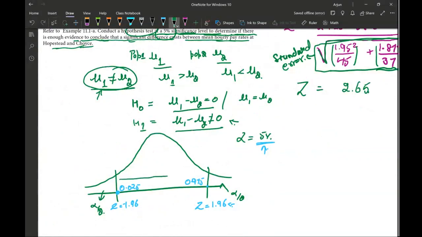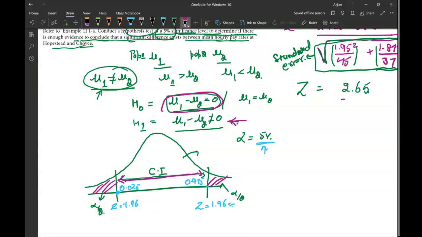Now if the value lies in the confidence interval region, which is this one, then I will retain the null hypothesis. Null hypothesis means there is no difference. But if the value falls in this outside region, then there does exist a significant difference, and I will accept the alternate hypothesis.